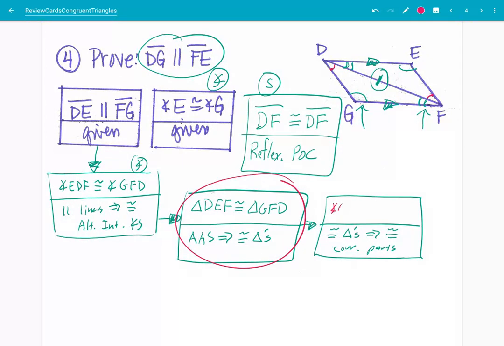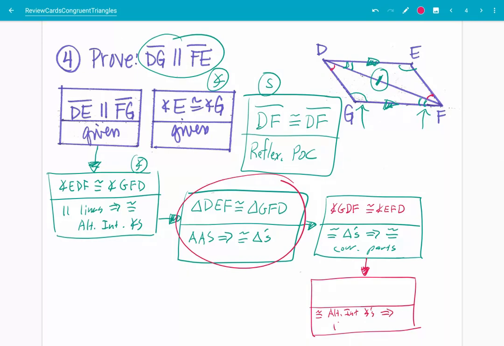Angle GDF congruent to angle EFD. And then those are alternate interior angles, just like the other ones we had. So congruent alternate interior angles imply parallel lines. So that gives us the proof statement. DG is parallel to FE.